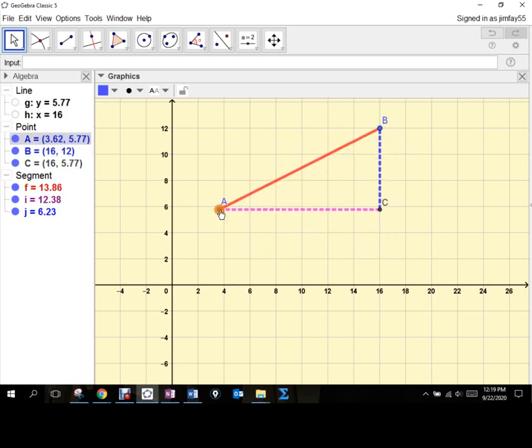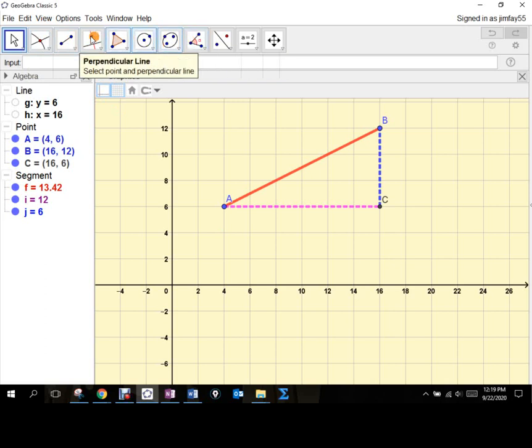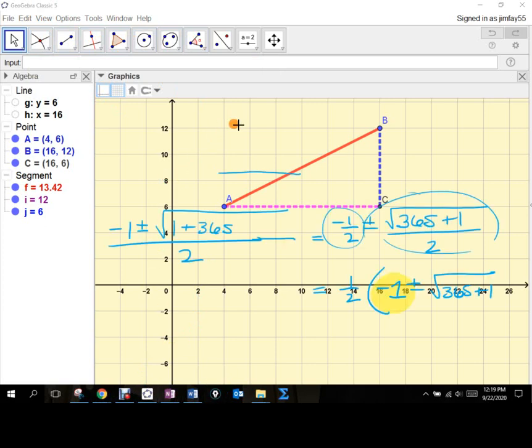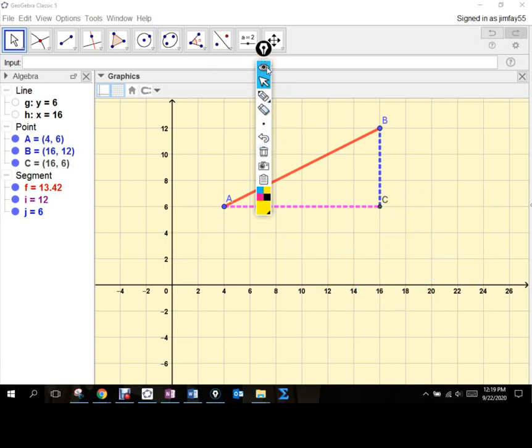So let's find the midpoint. Let's figure out how we can find the midpoint. The way we're going to find the midpoint, and you guys are aware of this algebra, you've seen this in the past. Because we have multiple x values and multiple y values here, let's do it this way.